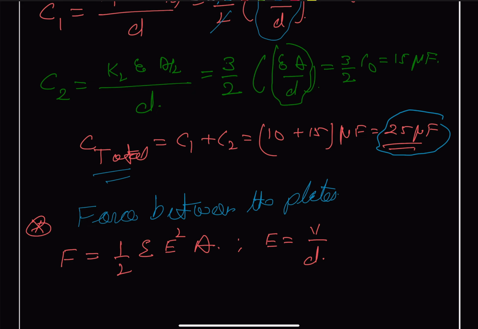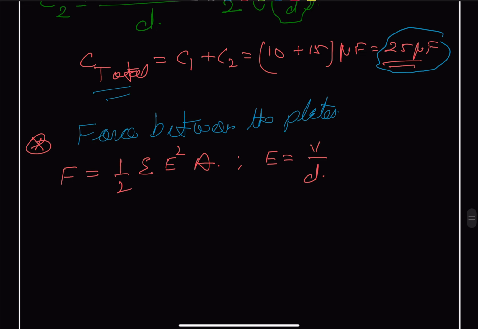So the force due to K1, which will be our F1, is equal to 1 half epsilon naught, V upon D whole square, multiplied by A1.